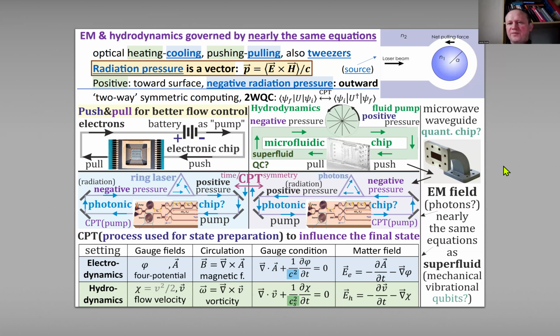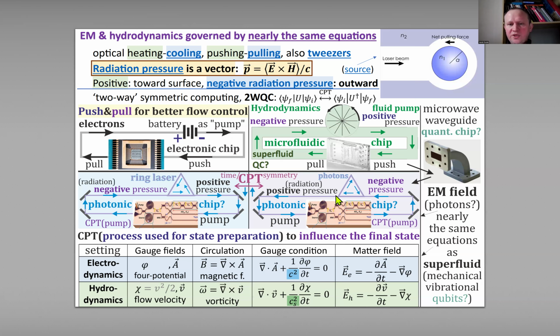We could start thinking about microwaves as the closest, but finally the most practical would be doing it on photons. So the question is, do we have something like a pump for photons? And the ring laser seems to work like that. In a ring laser, we force photons to circulate in one direction. From the CPT perspective, the circulation direction would be reversed.